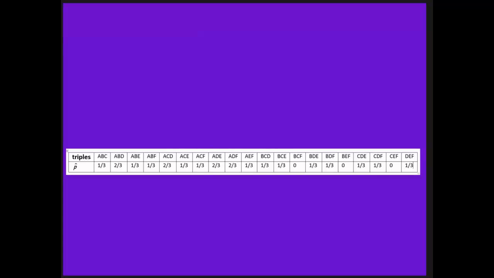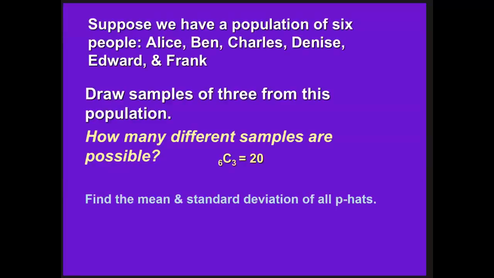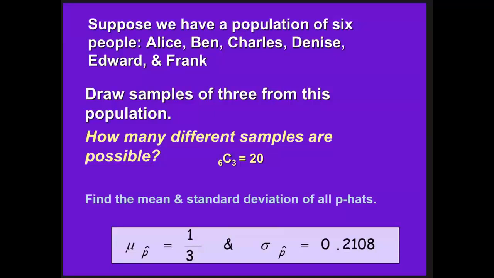And we're going to go right back to our calculator. We're going to type that group of numbers into list 1, and then run one var stats, to get the mean and the standard deviation. So the mean ends up being 1/3, and the sample standard deviation ends up being 0.2108.